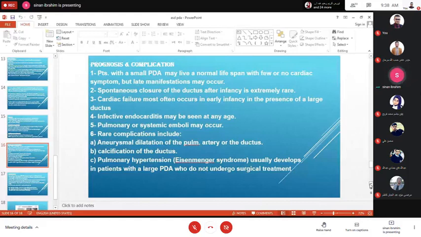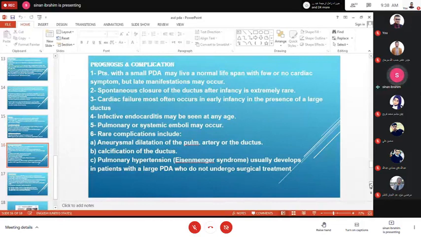Cardiac failure or heart failure usually occurs in early infancy in the presence of a large ductus. Patients are liable to infective endocarditis. Pulmonary or systemic embolization may occur at any time, and rare complications may include aneurysmal dilatation of the pulmonary artery or the duct, calcification of the duct, or, if they have a large PDA, pulmonary hypertension or Eisenmenger syndrome.